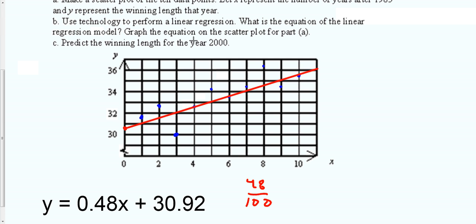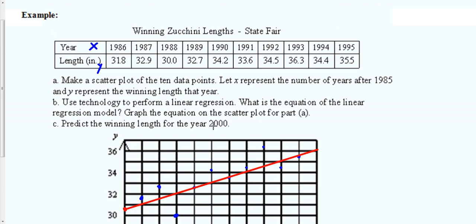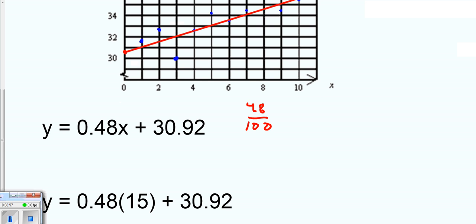Now we want to predict the winning length for the year 2000. Well, 2000 is going to be 15 years after 1985. So we would just plug 15 into this equation. When we do that, that would give us y equals 0.48 times 15 plus 30.92.